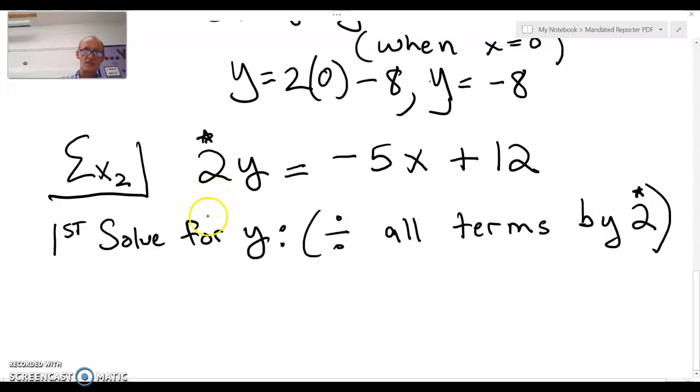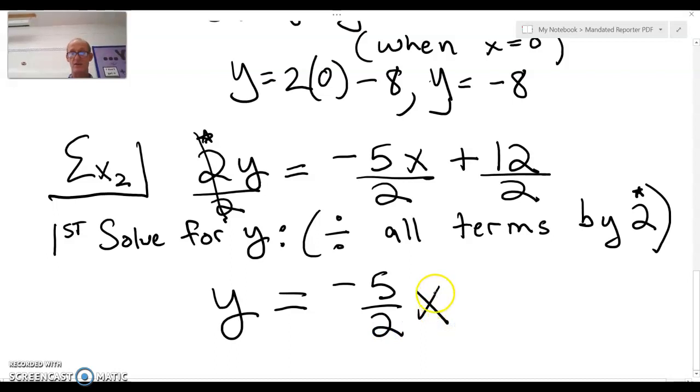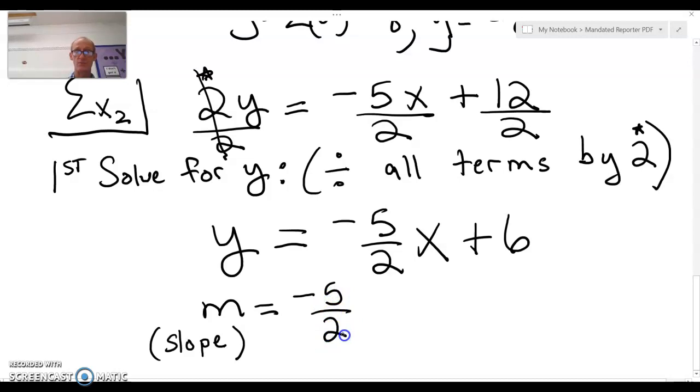So you divide by 2 here, divide by 2 here, and divide by 2 here. The 2's cancel on the left side, so you have y equals -5/2 times x. That x stays there, plus 6. So in this problem, the slope, which is m, equals -5/2, and b is equal to 6.